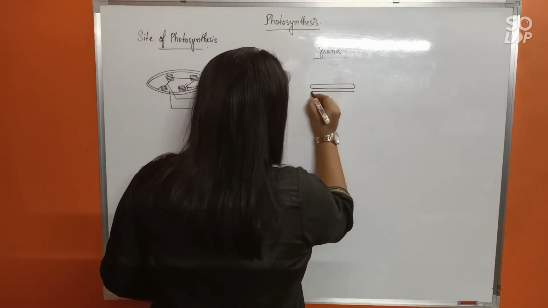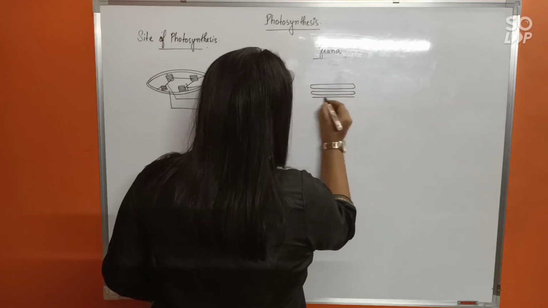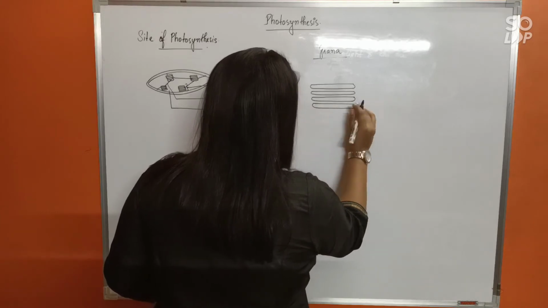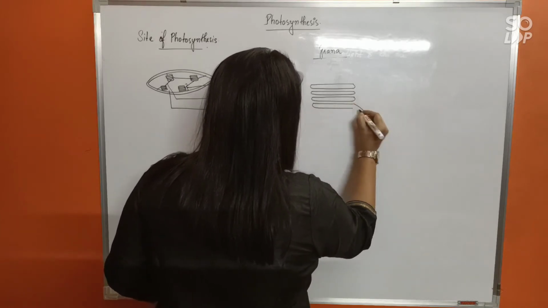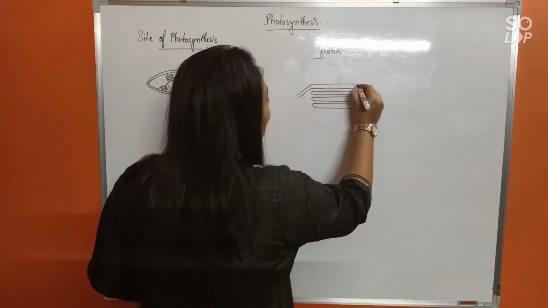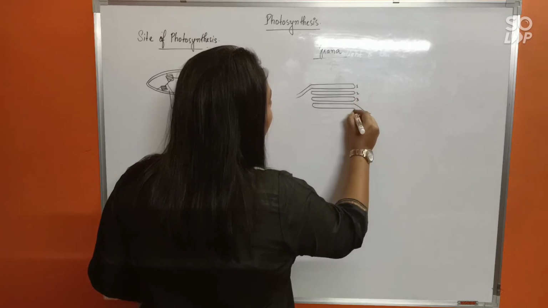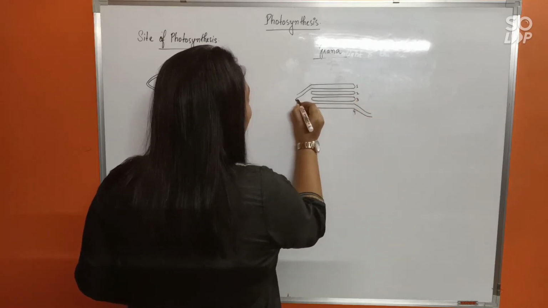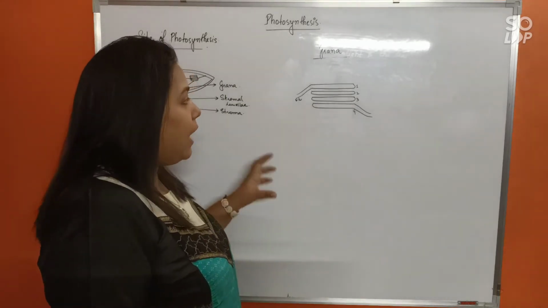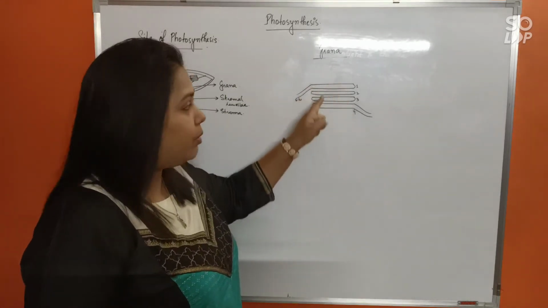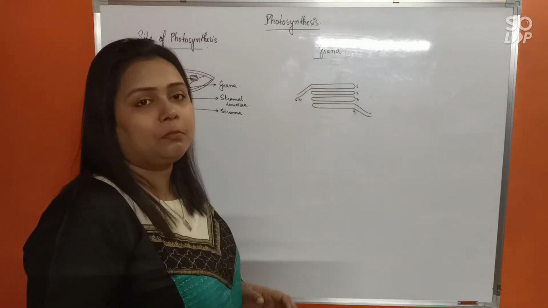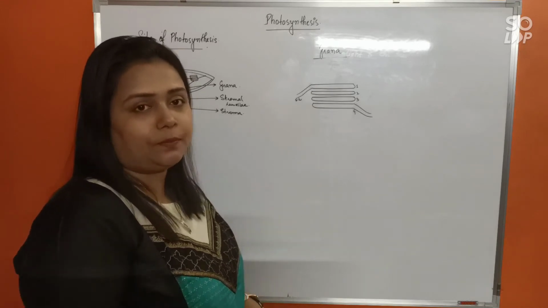Suppose this is a grana consisting of 4 thylakoids. 1, 2, 3 and 4. And these are stromal lamellae. Alright. Now, if you observe the grana, the thylakoid membranes, you will find that the thylakoid membrane consists of various types of complexes embedded onto it.